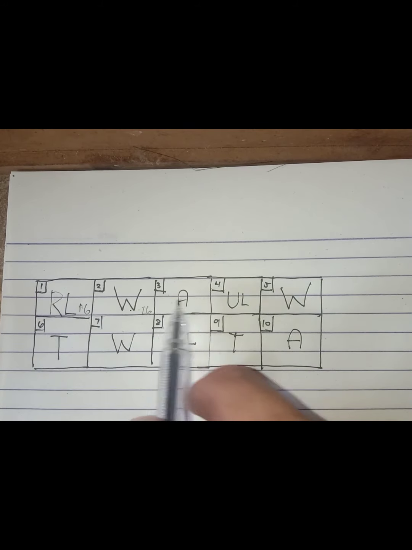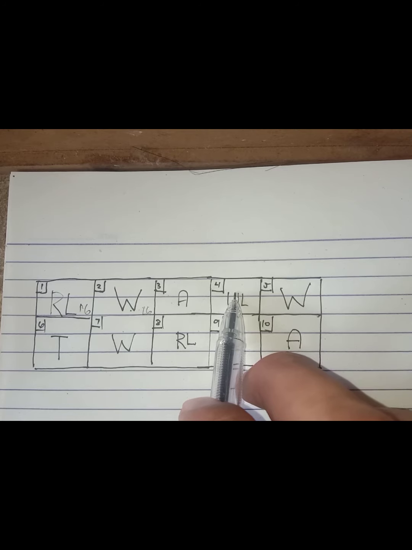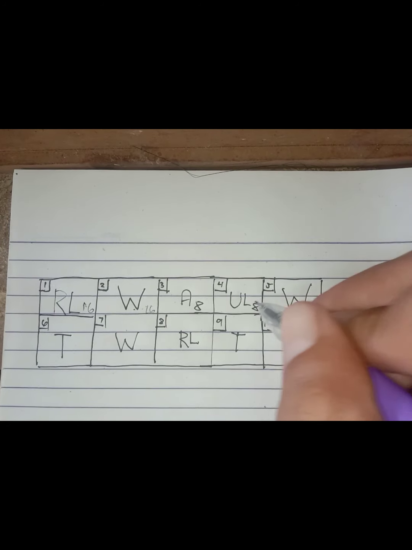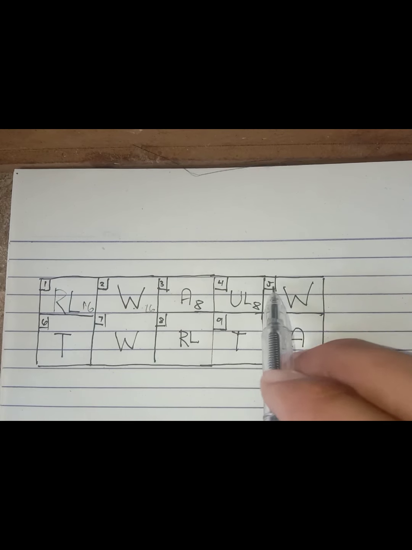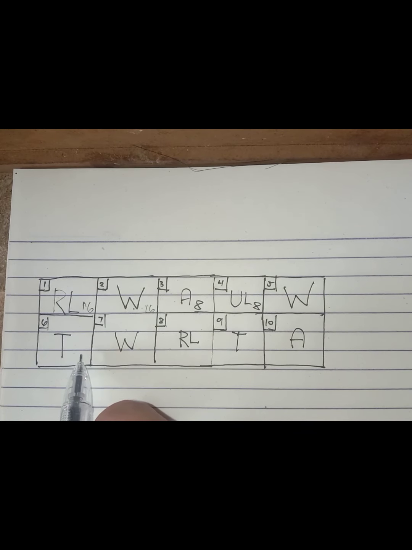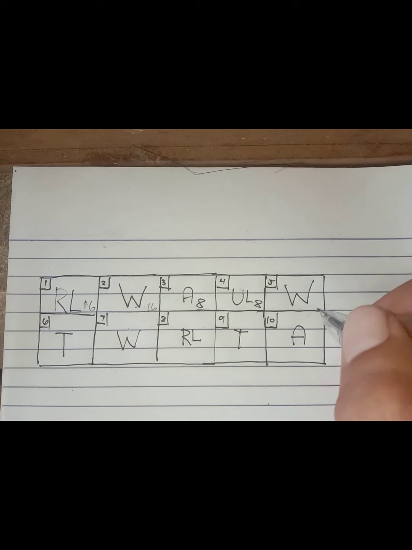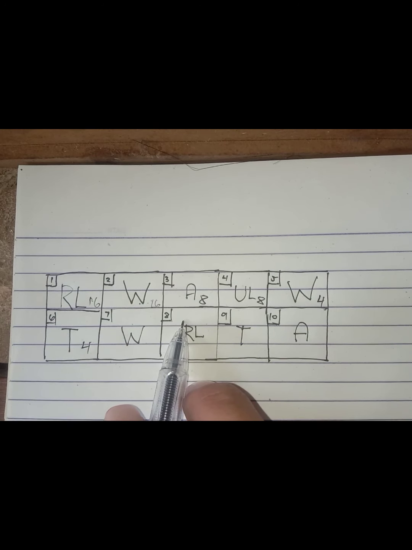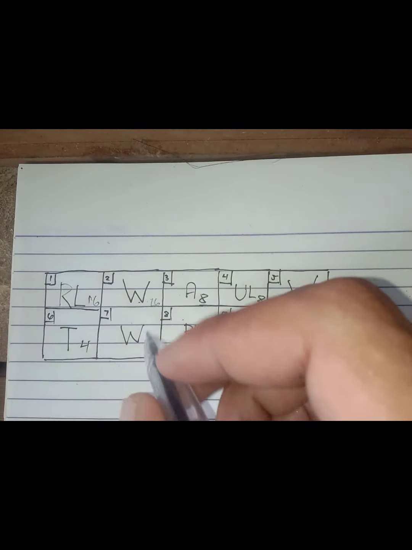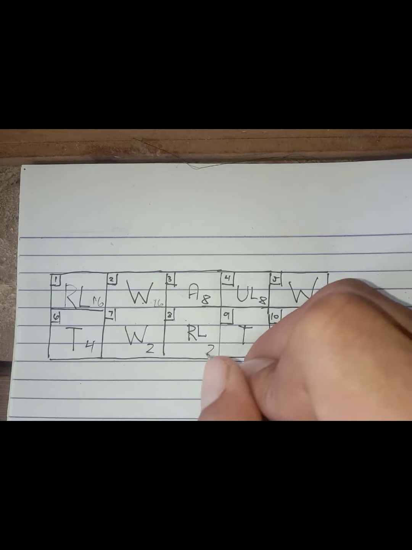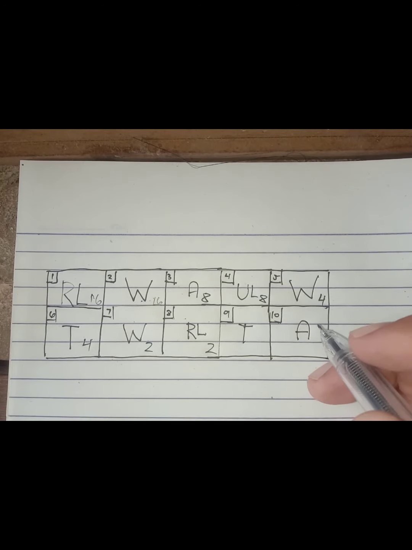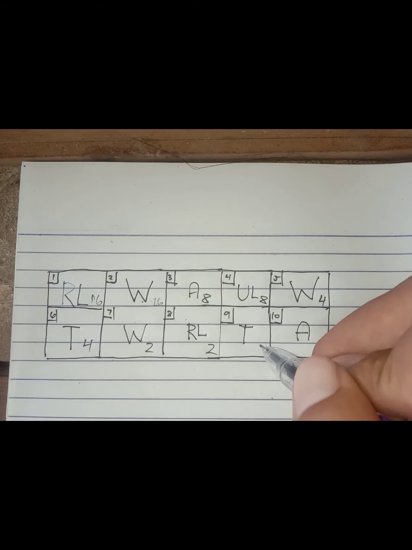Finger number 3 and 4 have a numerical value of 8. Finger number 5 and 6 have a numerical value of 4. Finger number 7 and 8 have a numerical value of 2. And finger number 9 and 10 have a numerical value of 1.